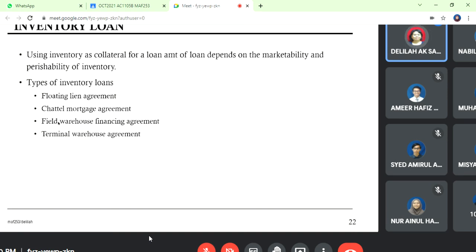What is the difference between floating lien agreement, chattel mortgage agreement, field warehouse financing, and terminal warehouse agreement. I need you to read this up on your own. In case you're wondering whether it comes out, yes, it has come out as an essay, or in the MCQ part A of the final exam.